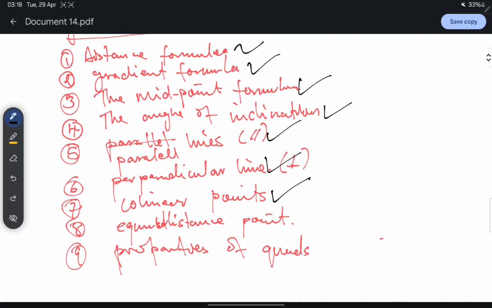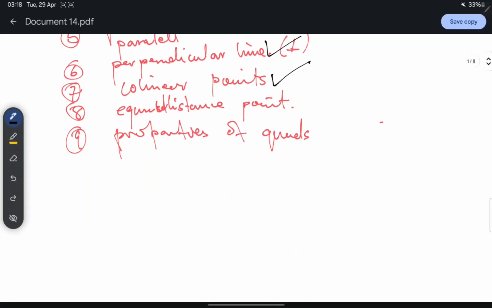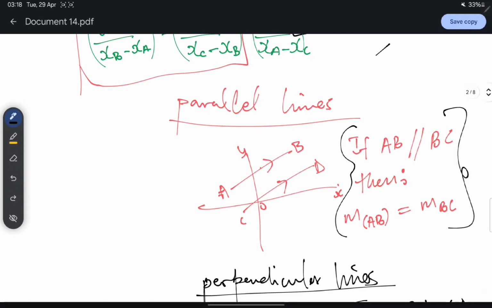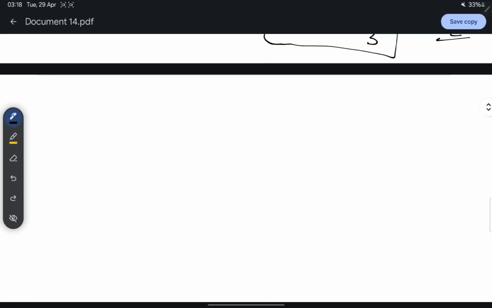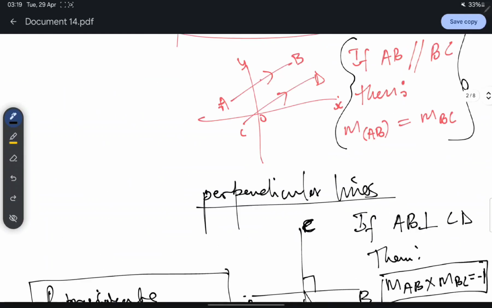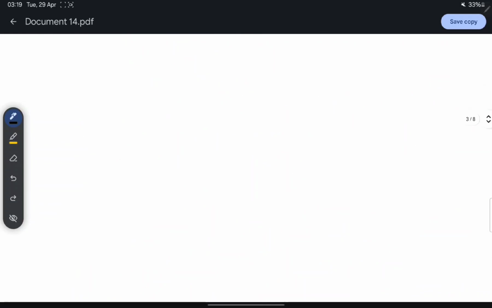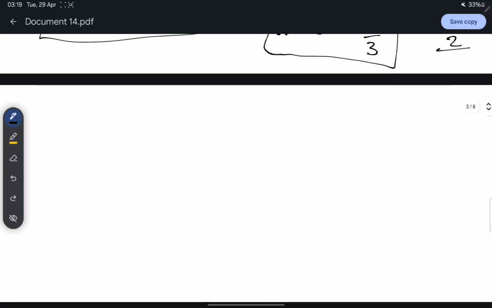Then let's talk about equidistant points. When they say that a point is at equidistance, what do they mean? Let's have a shape like this.